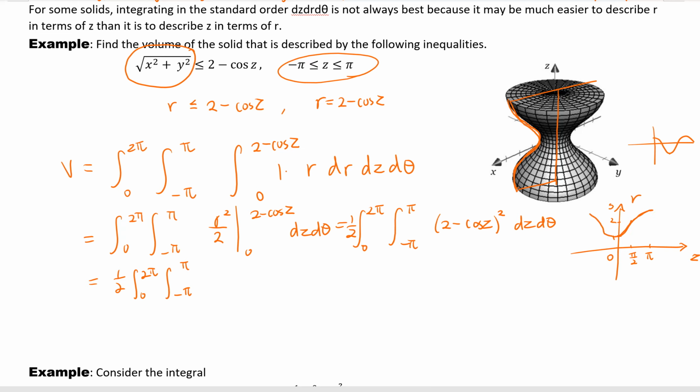So this is r equals 2 minus cosine z, and you can see it is symmetric. This region and this region are the same.